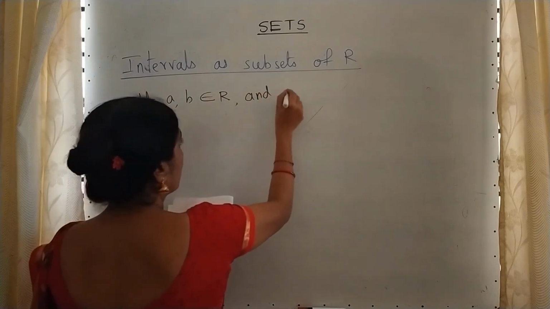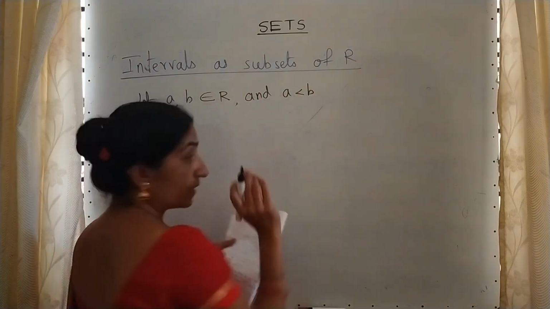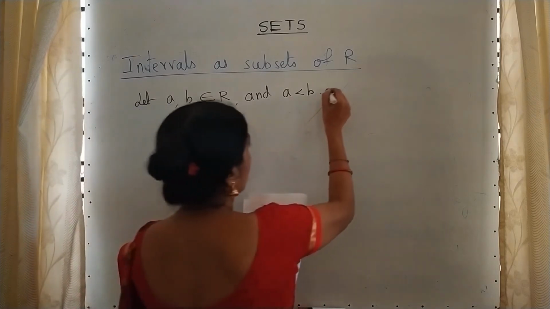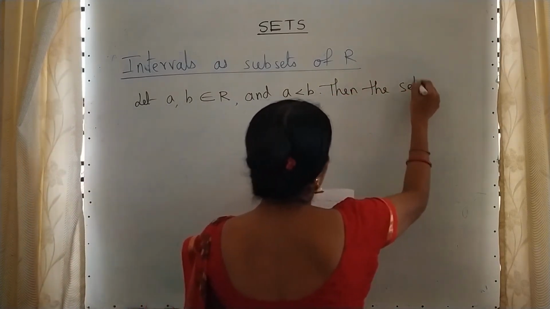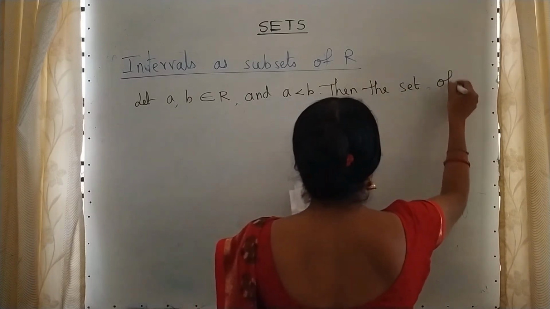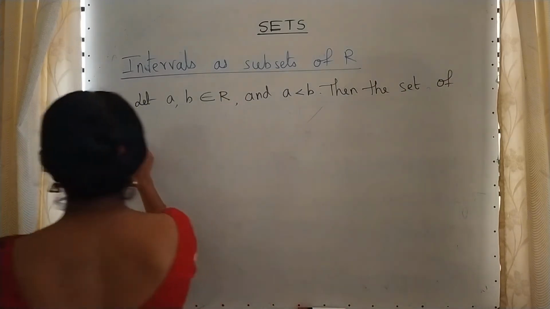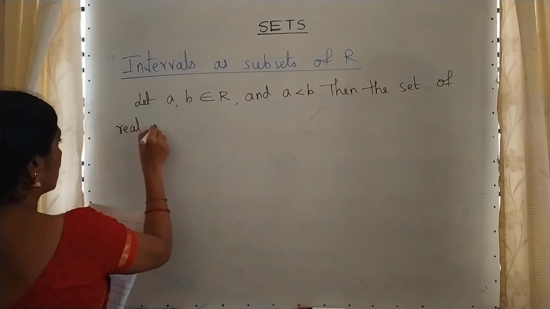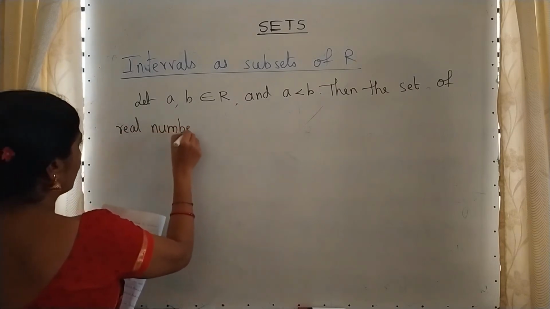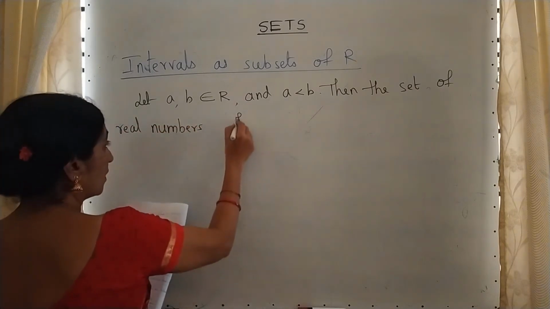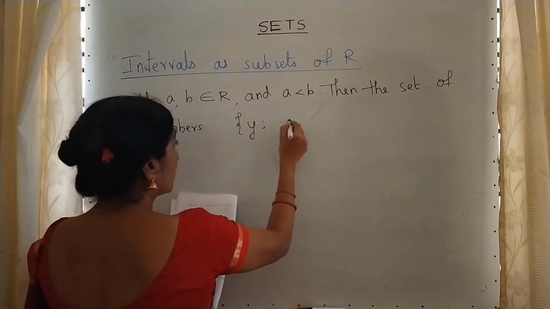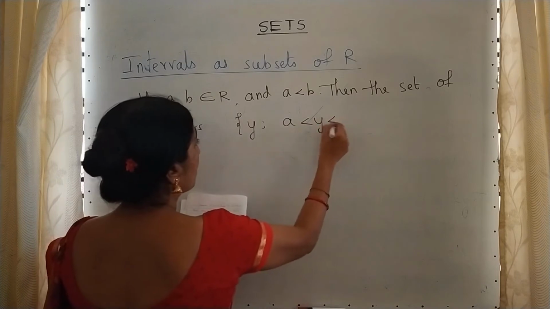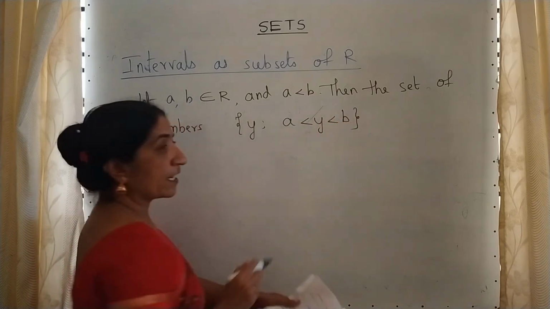Then the set of real numbers, real number means a decimal, fraction, whatever it is, numbers x such that it is lying between A and B.